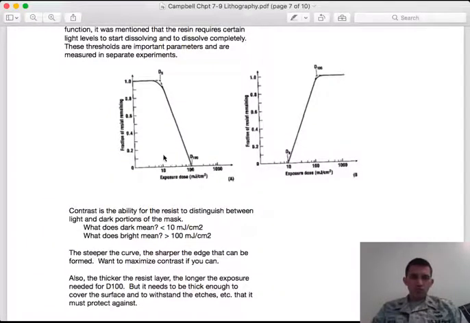It means that the region over your surface where you transition from dissolving to not dissolving is as narrow as possible.